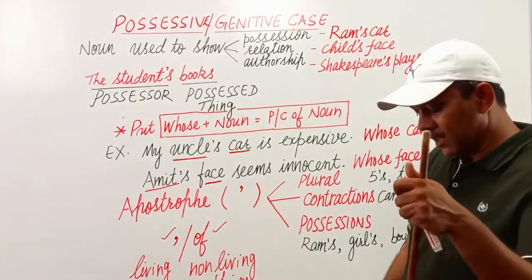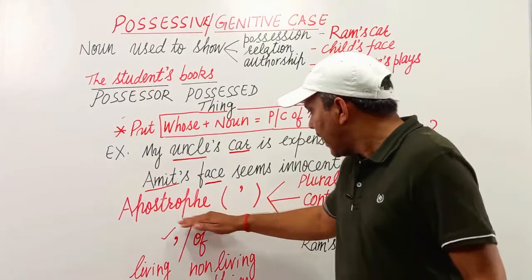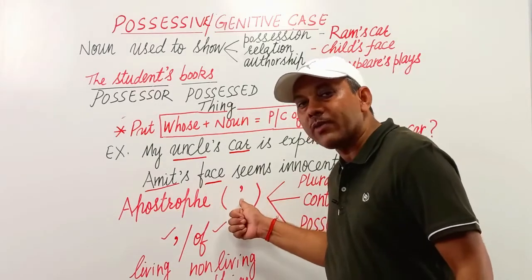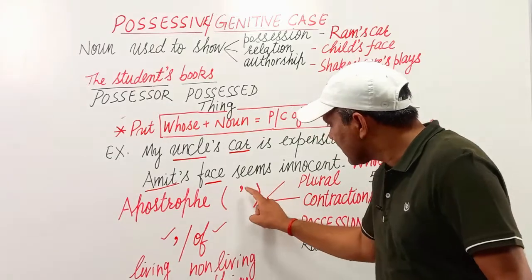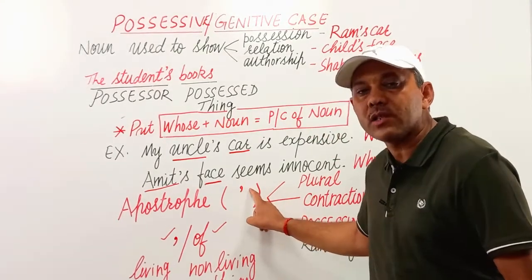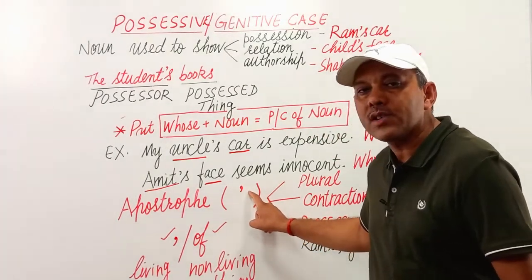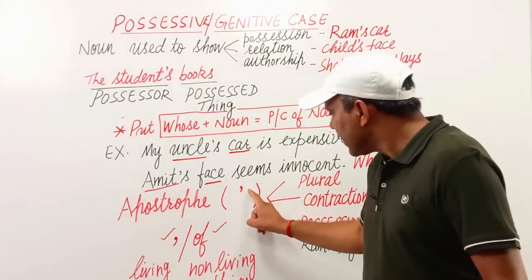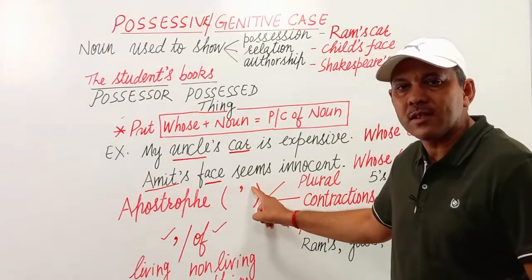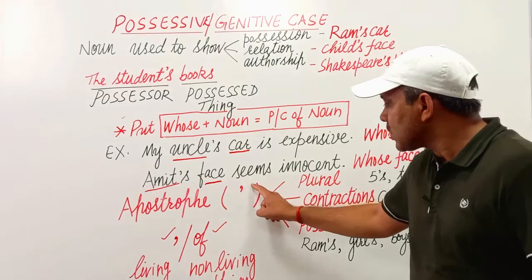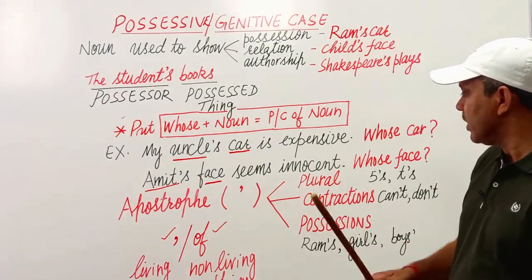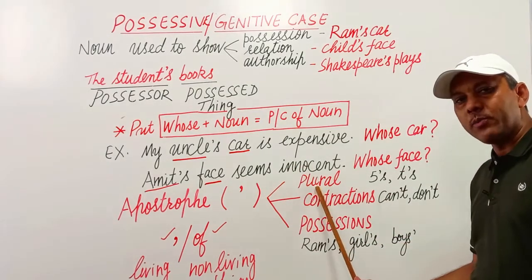Let us take some example. Try to understand the concept of apostrophe. This sign is known as apostrophe among punctuation marks. This not only shows possession, it is also used to make plurals. What type of plurals?